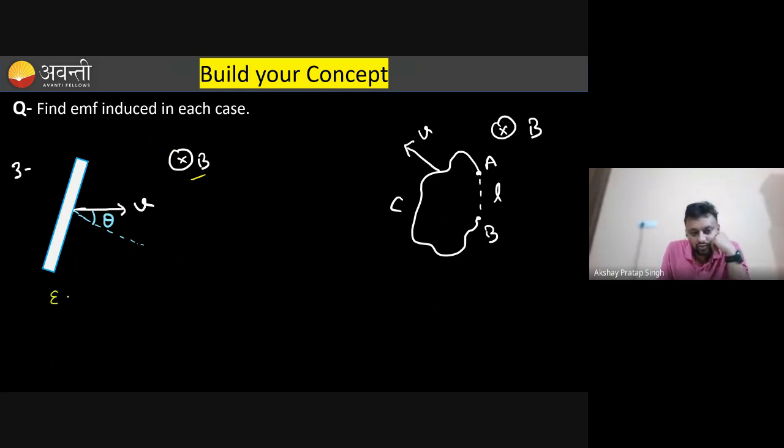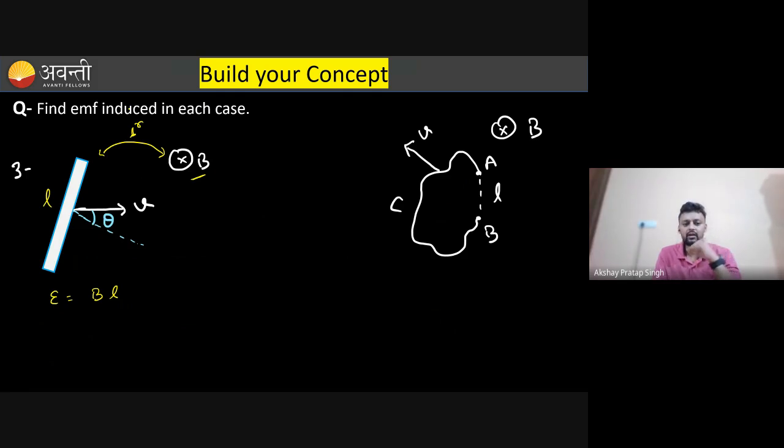EMF is equal to BLV. Can you see that B and L both are perpendicular to each other? This length is L. You can see that the magnetic field is into the z-axis and the rod is somewhere in the xy plane.